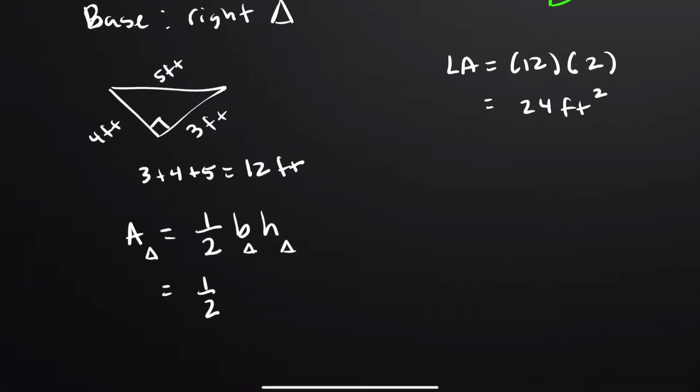So 1/2, the base is going to be 3, and the height of the triangle is 4, not 2. So 1/2 of 3 times 4 is going to be 6 feet squared.